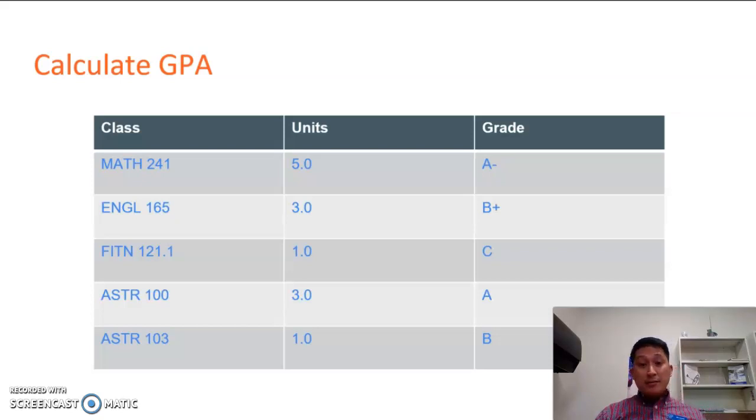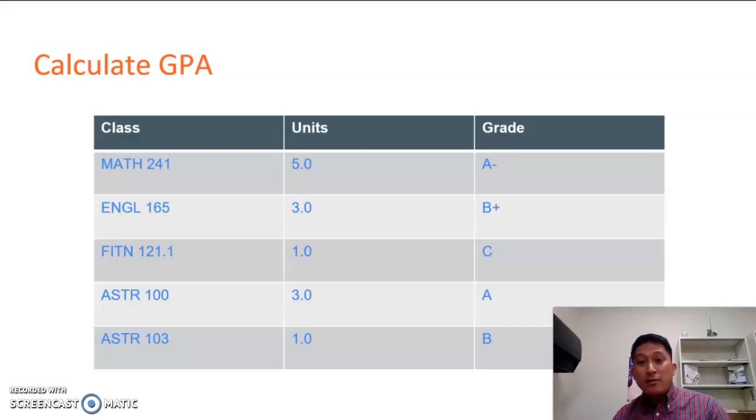The fitness class, a C is 2 grade points times 1 unit equals 2. And the A is worth 4 grade points times 3 units, equaling 12. And then the B in Astronomy 103, that's 3 grade points times 1 unit, equaling 3.